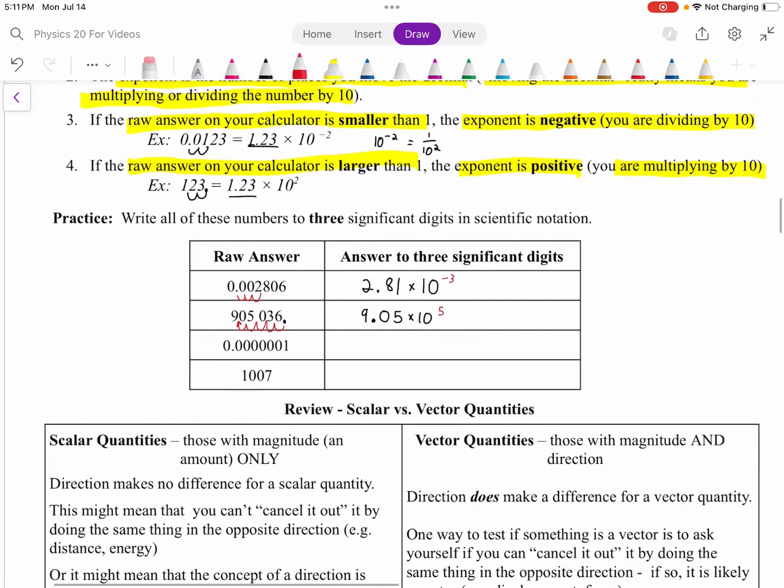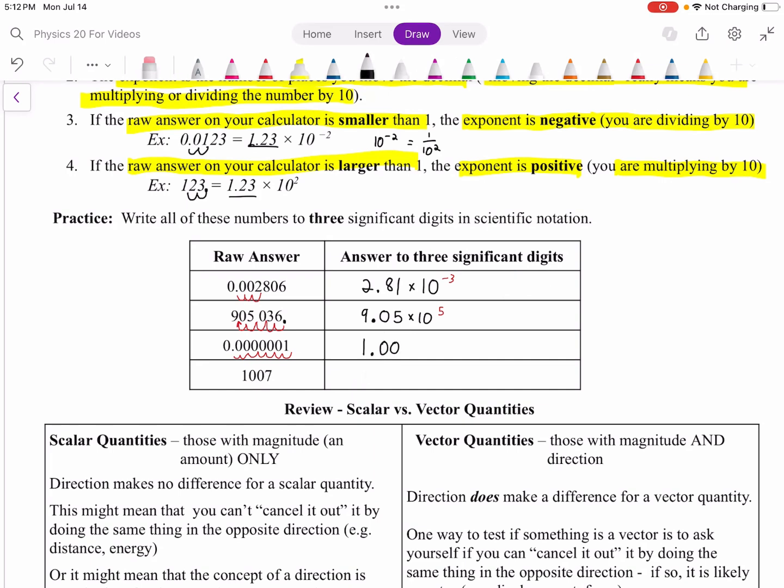Okay, let's do another one here. 3 significant digits for this. We're going to have to move the decimal 1, 2, 3, 4, 5, 6, 7 times. Okay, so we're going to have 1 point. And notice there's no more digits afterwards that we're given, right? That's okay. We can still do 3 significant digits. We would say this is 1 point, and we just fill in zeros.